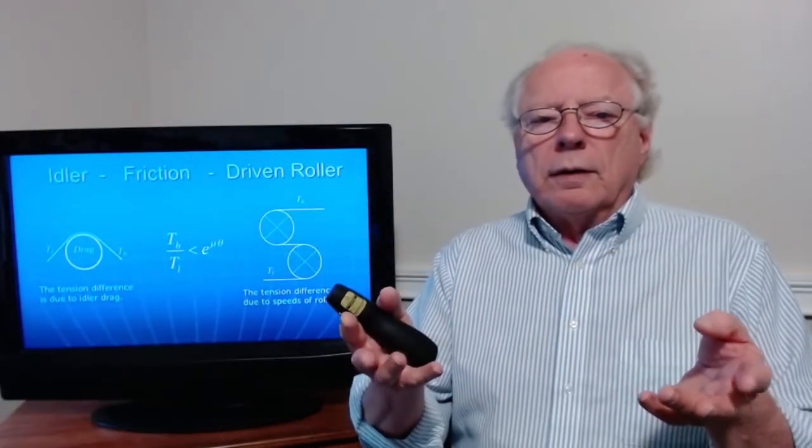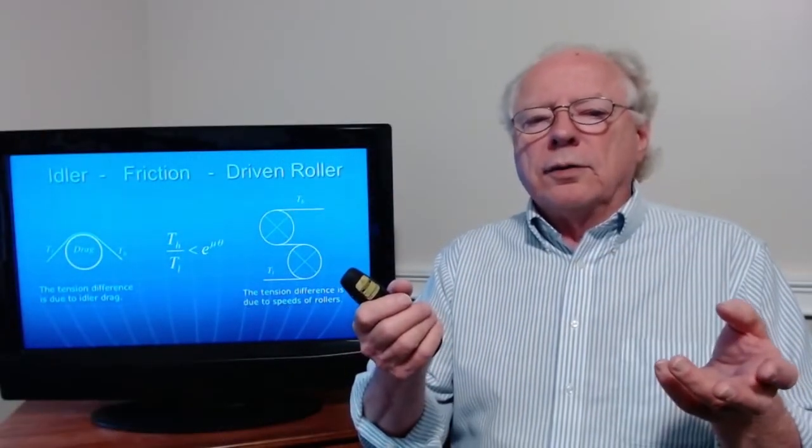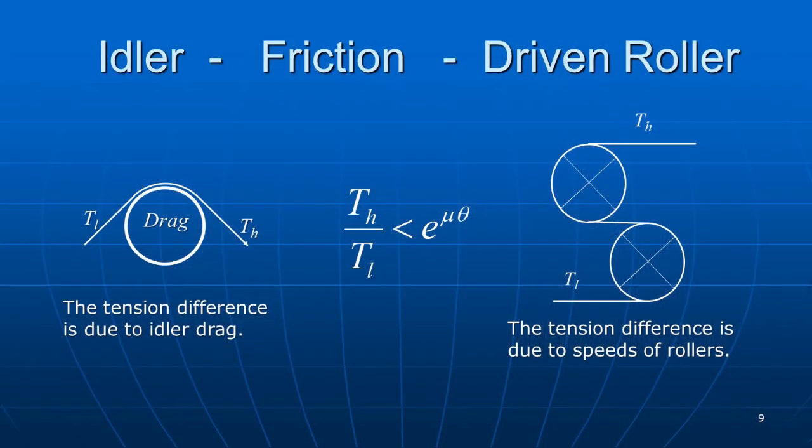Just to be sure, when we're talking about idlers, the tension difference to cross an idler, TH and TL, is due to the drag of the idler. When we look at a driven roll, the tension difference across the driven roller, TH over TL, is due to the speeds of the driven rollers.